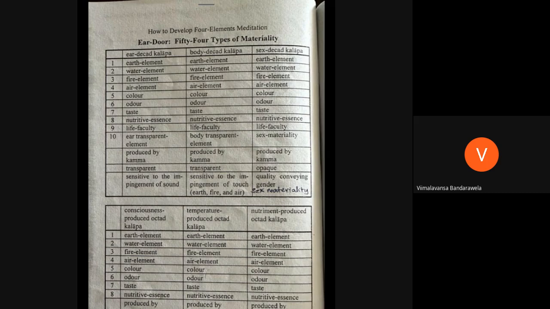And then, how to understand the nutriment produced octad kalapa in the ear door. After eating, you want to meditate and enter into, reestablish your fourth jhana, and then you focus your abdomen after eating.